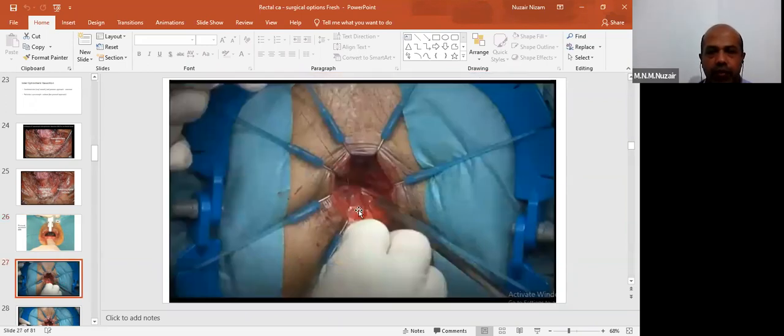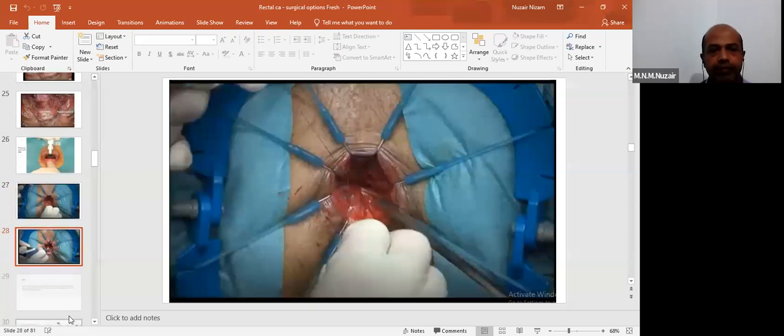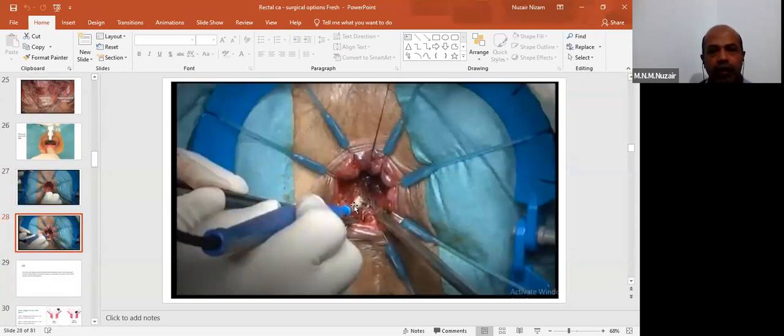And this is what I was mentioning. You have to put a Lone Star retractor and make an incision here between the external and internal sphincter and enter the space. And then we can incise here. Before the incision, we have to put a suture to close off the rectum.